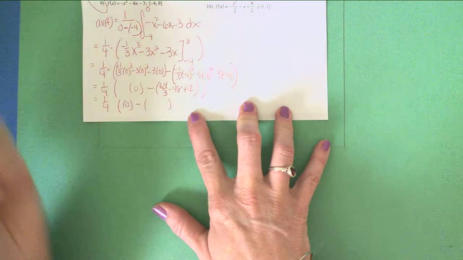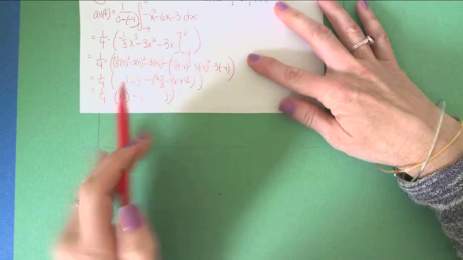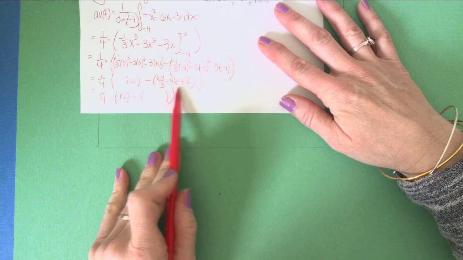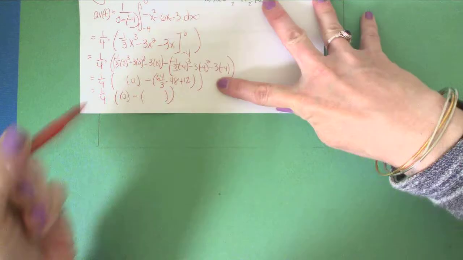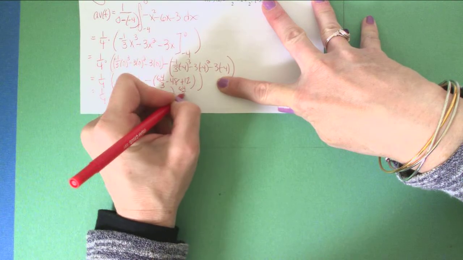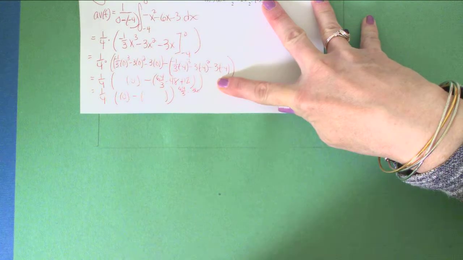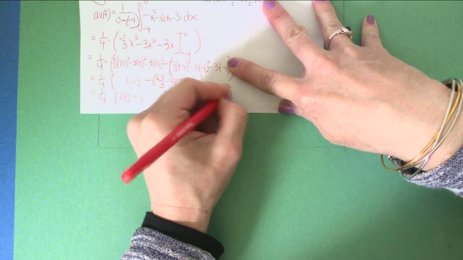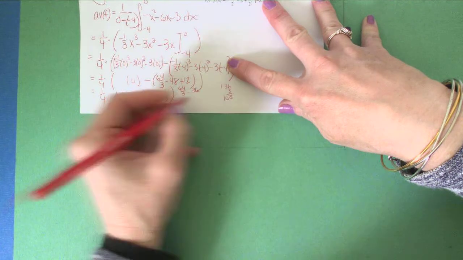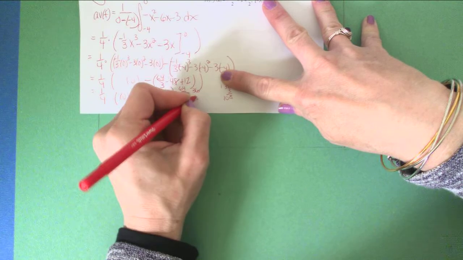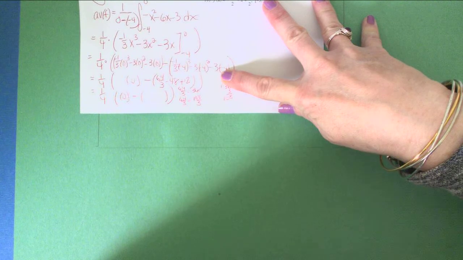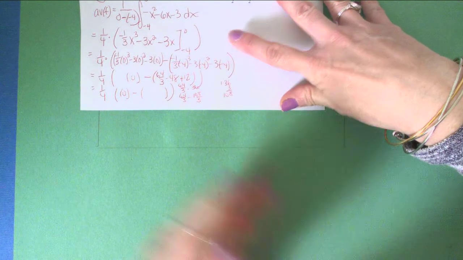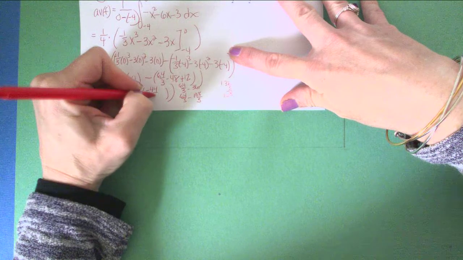Negative 48 plus 12 would be negative 36. So we have 64 thirds minus 36. And if I turn 36 into thirds, 36 times 3 is 108. So I have 64 thirds minus 108 thirds, which is going to be negative 44 thirds. Hope my math is right here, just doing this on the spot.